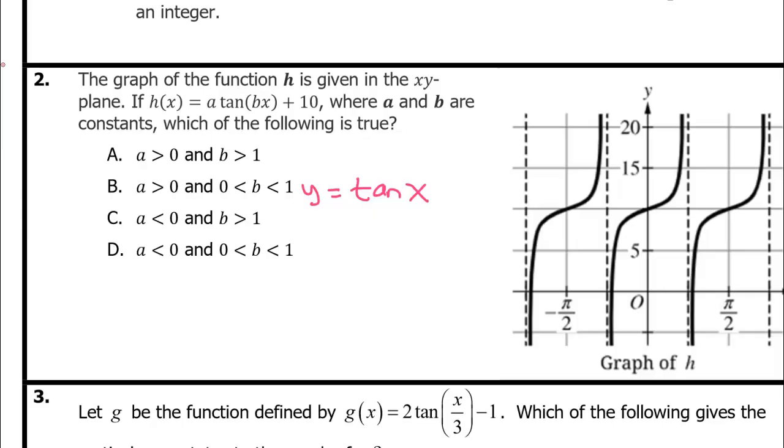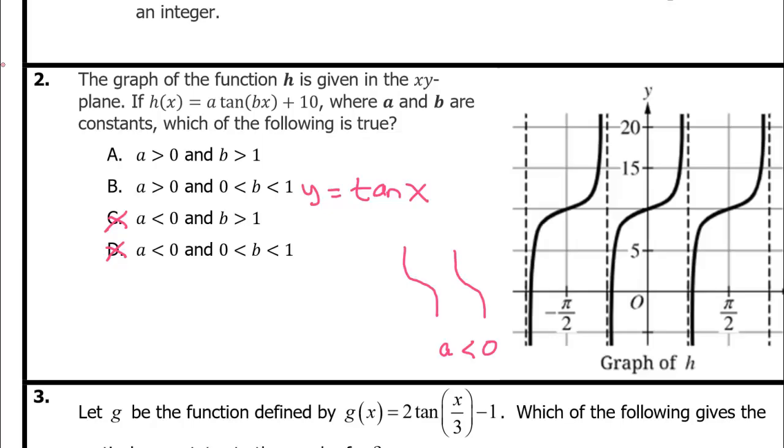It matches the parent function. It's not upside down. In other words, if I saw a transformation of the tangent function that was decreasing, this is when the a value would be negative. But increasing means the a value must be positive. So we can forget about options C and D.